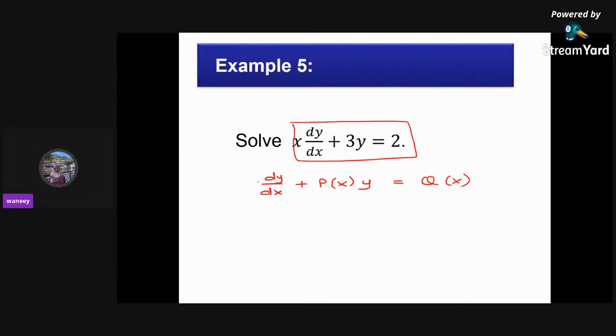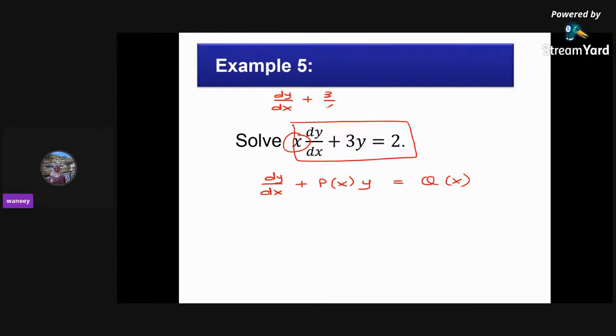We need to look at the coefficient for dy over dx, is it 1? The answer is no. The coefficient is not 1, so I need to modify them a little bit. So divide everything by x. So this is dy over dx plus 3 over x y equal to 2 over x.